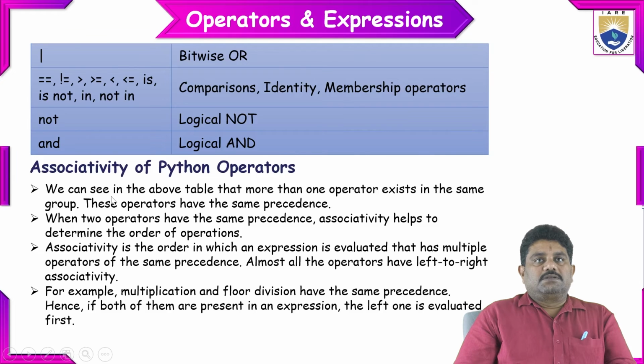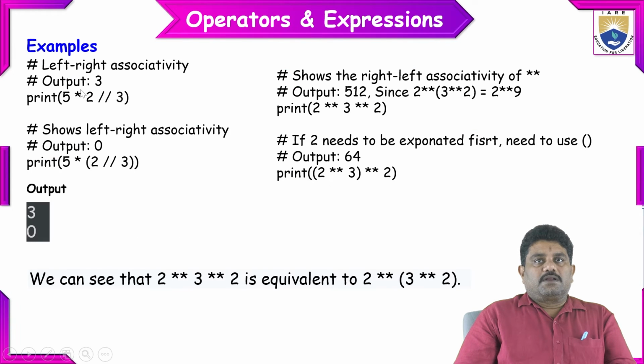When an expression has operators with the same priority, which associativity do we follow? In this case, we follow left to right associativity. It means now first operation 2 double slash.